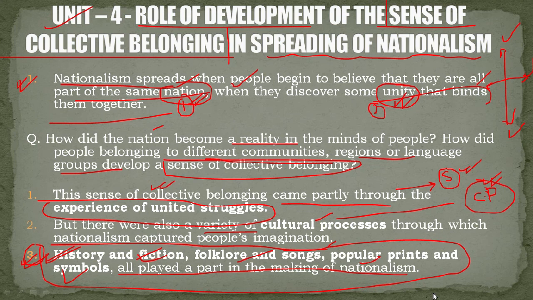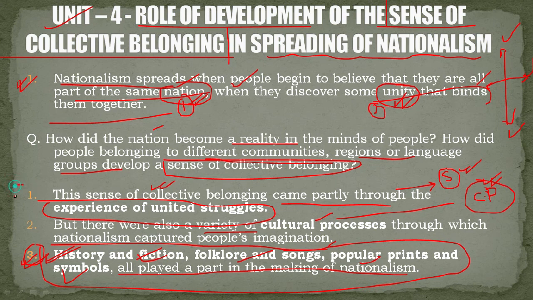all these symbols played an important part in making of nationalism, because all these symbols made the people of India realize that they owe a collective allegiance to the country, to the nation, and therefore in order to win independence, they will have to come together, they will have to form a united front against the British, they'll have to fight collectively for their freedom.